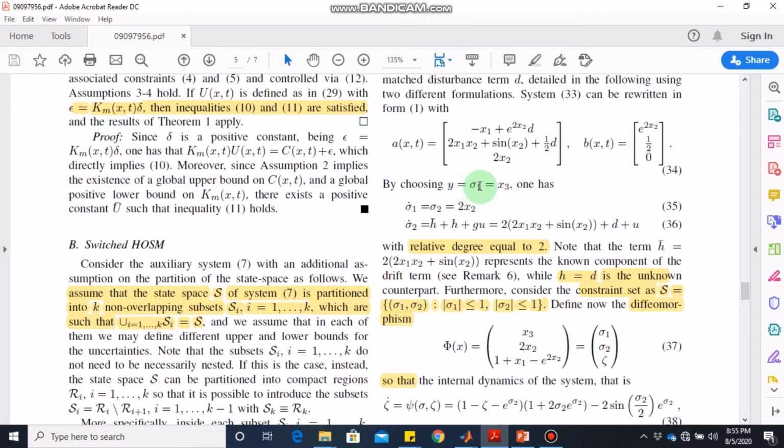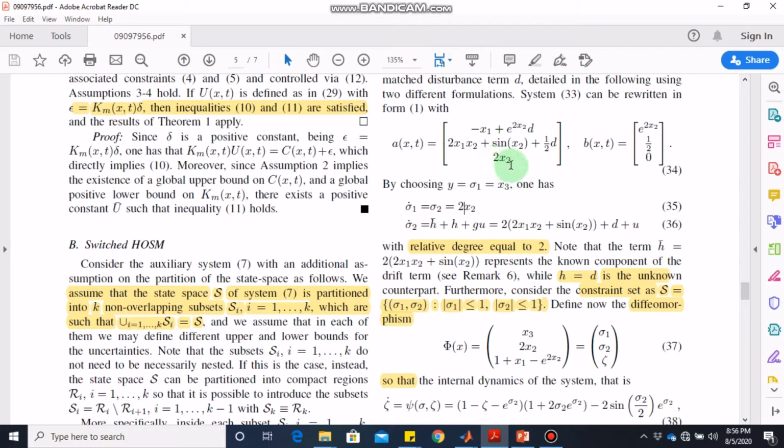The second sliding surface is the derivative of the first sliding surface. So x3 is the first sliding surface, so the derivative of x3 is 2 times x2, which will become sigma 2, and if you take the derivative of sigma 2, it becomes the derivative of 2 times x2.